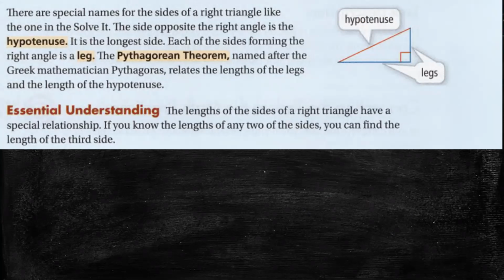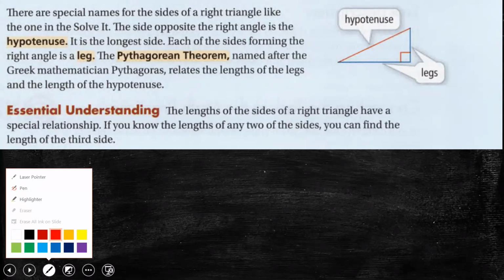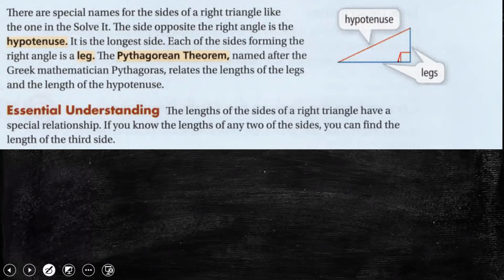If this is a right triangle here, and this is the right angle, the side that is opposite to the right angle, we call it the hypotenuse, which is the longest side. Each of the sides forming the right angle is a leg. So if this is a right angle, the sides forming the right angle, we call them legs.